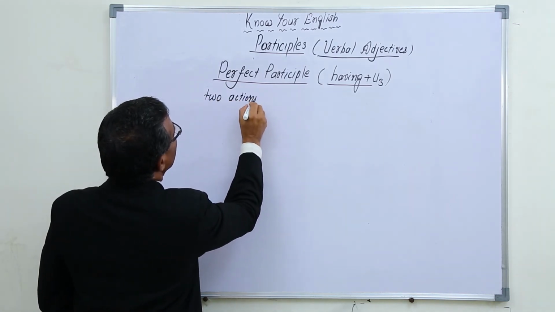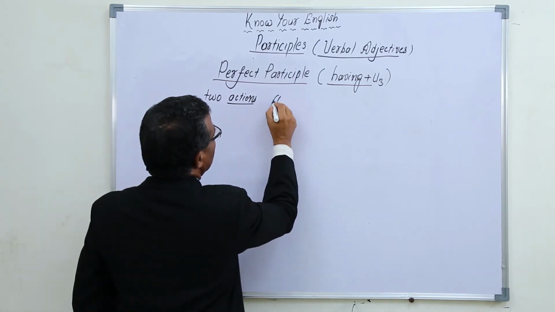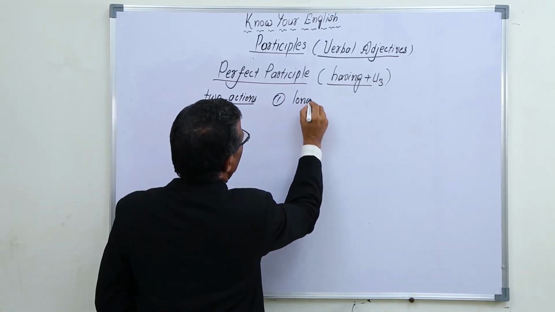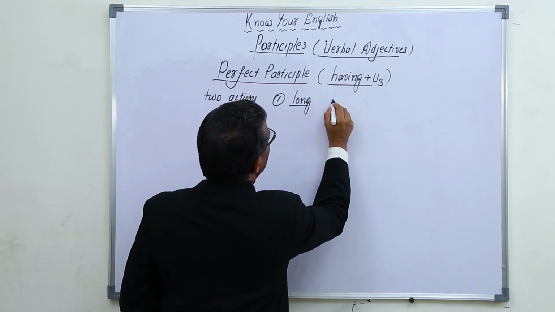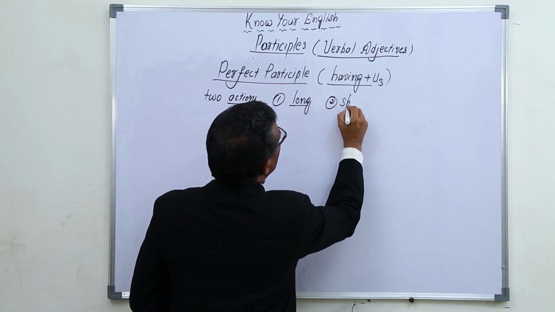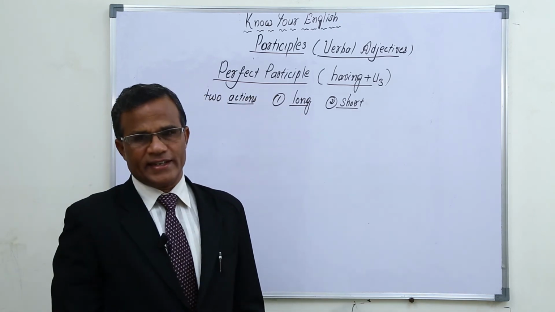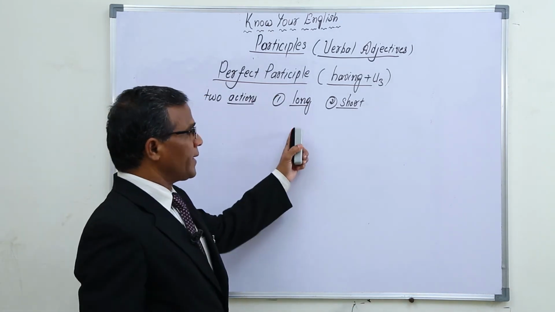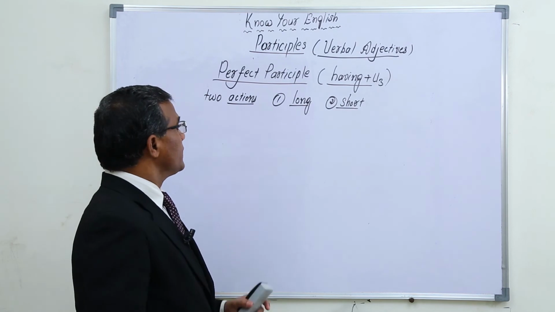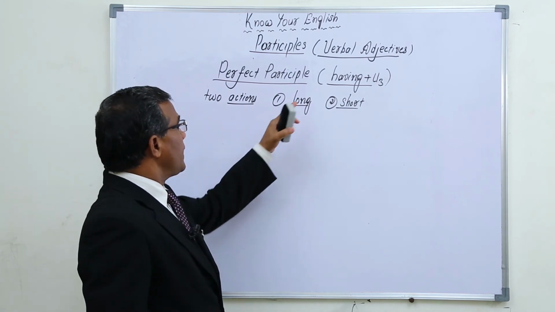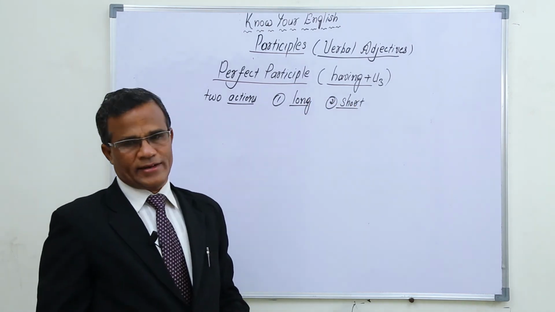Two actions. One is long and the other is short. So when long and short actions are there in a sentence, when you find one long action, one short action, then we use having plus V3 for long action.